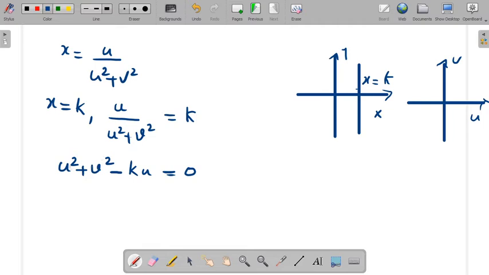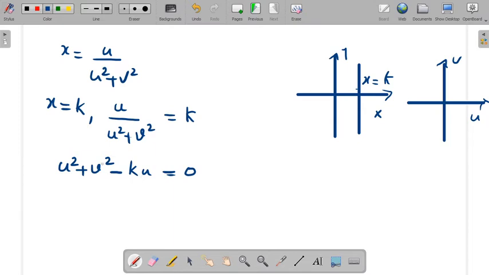So here the coefficient of both U square and V square is 1. This will represent a circle and it has no constant term. So that means the circle passes through the origin, right?